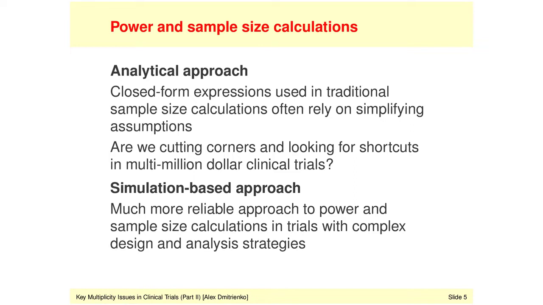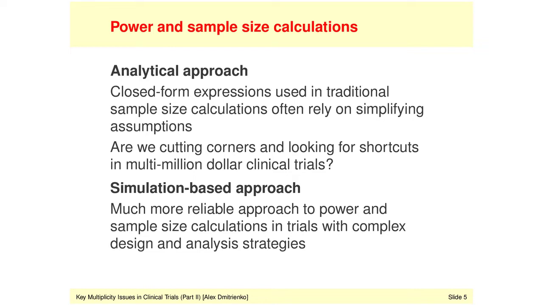In most modern phase 3 trials, these basic assumptions are not satisfied. Instead, we have to deal with complex trial designs and advanced analysis methods. If we try to force simplifying assumptions, we will run into a problem, and we begin to ask ourselves the following question: are we trying to cut corners and look for shortcuts in multi-million-dollar clinical trials?